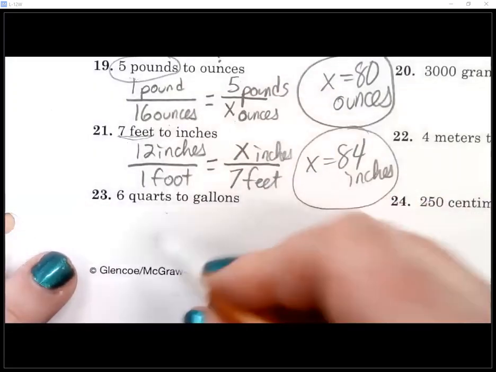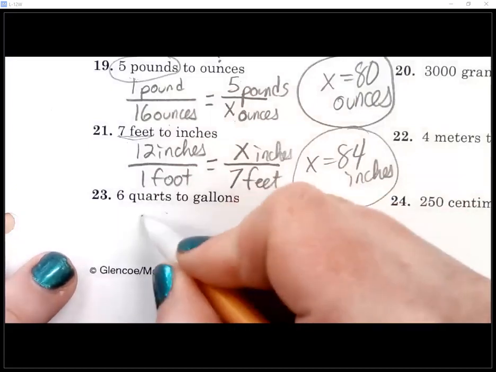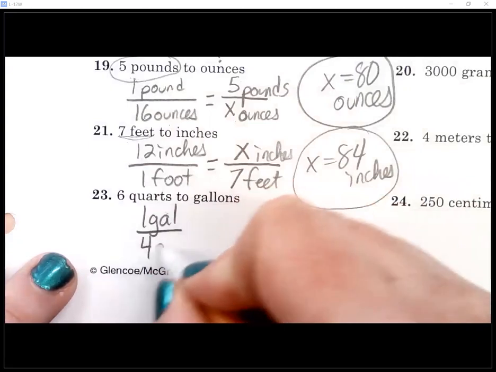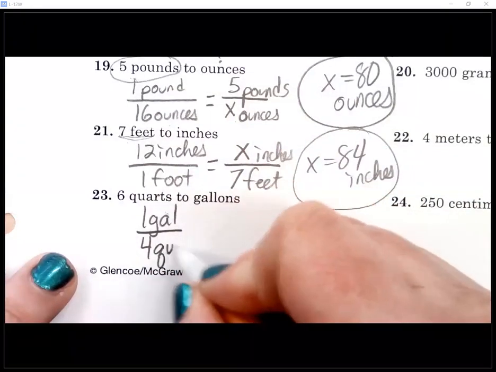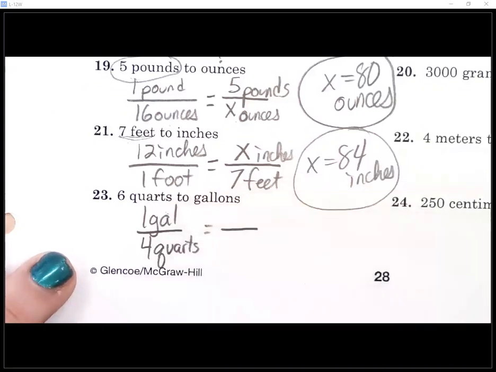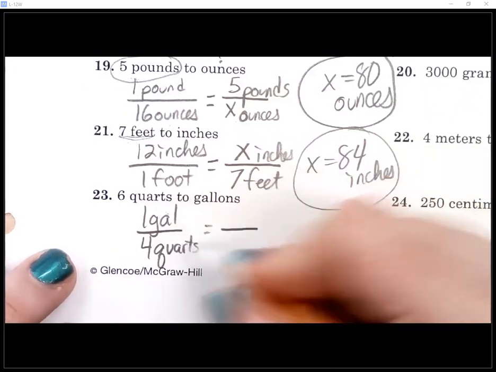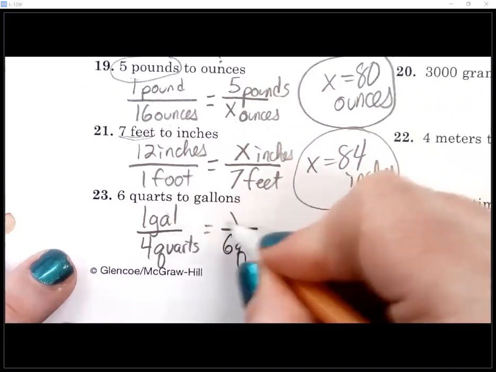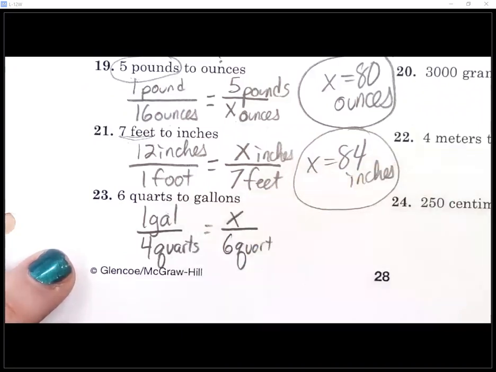I'm not sure. Let's try. So 1 gallon is 4 quarts, right? So when you do it on the other side, where are you going to put 6 quarts? On the bottom, right? Because you got to match them. So 6 quarts goes down here. I don't know how many gallons, so that's going to be an X. So it's not 24. It's going to be some decimal. I got to figure that out.